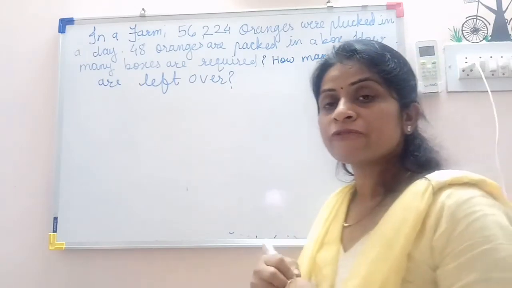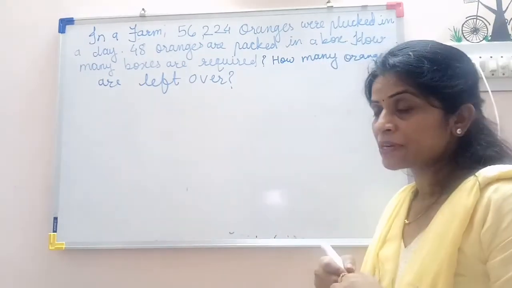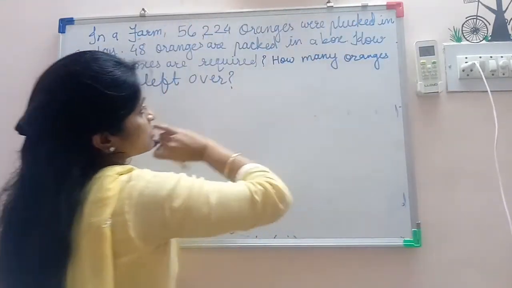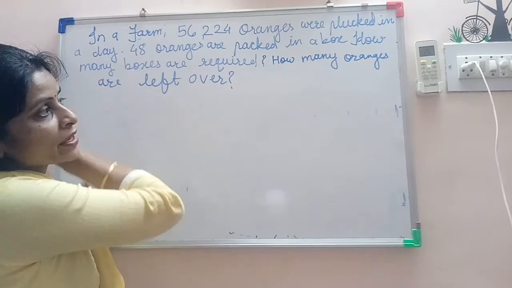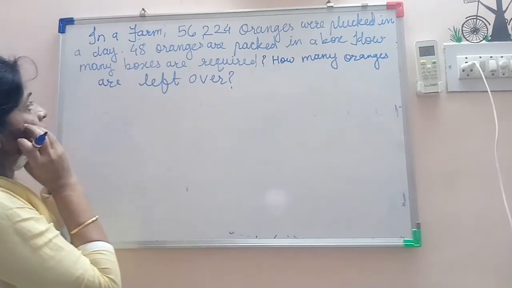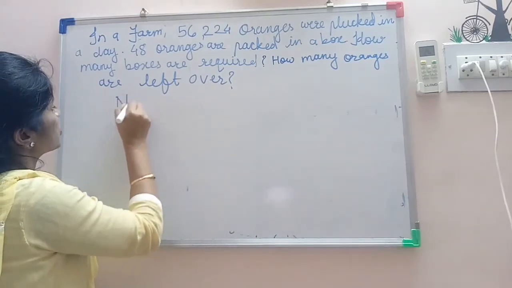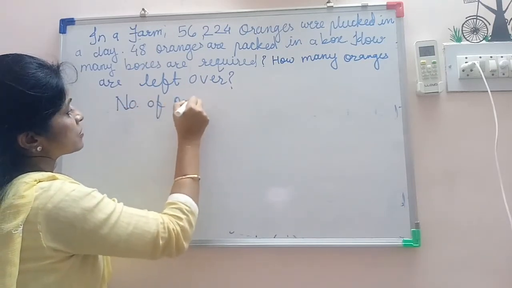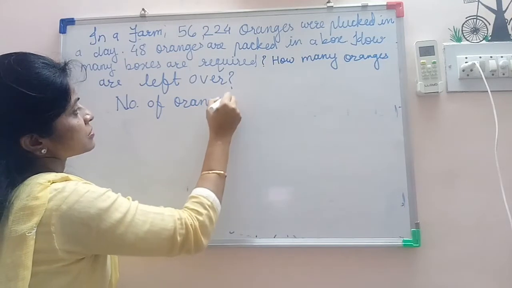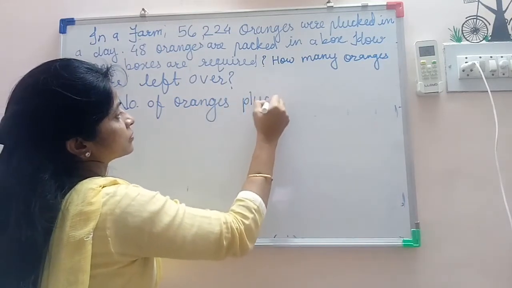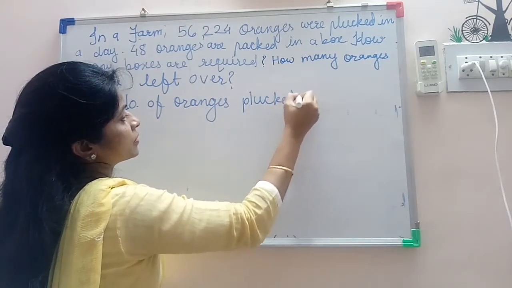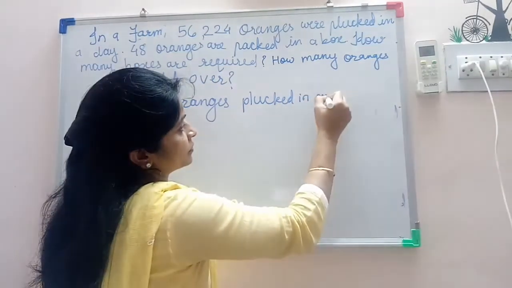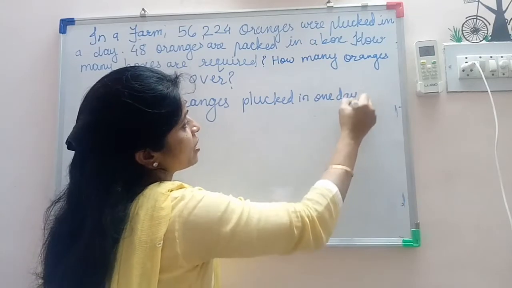Now for that, first of all, you have to write this statement. What will be the first statement? The first sentence given here, that we will make as the first statement. Number of oranges plucked in one day. In one day, how many?